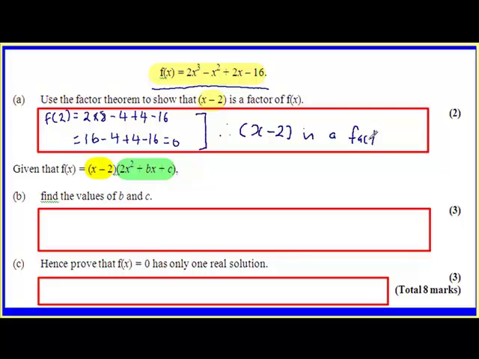Again, we'll use comparing coefficients to answer part B. So we have the cubic, which we'll express in the form of the linear and the quadratic, and then find coefficients B and C. You'll notice here we'll be given the value of A as 2.